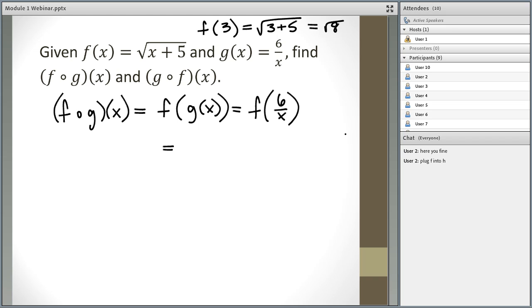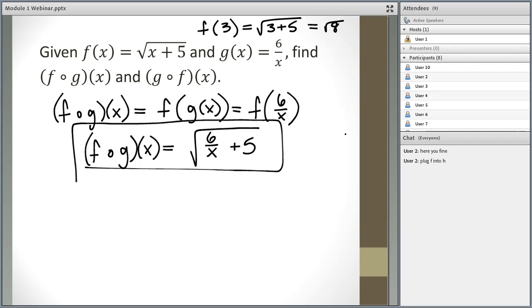So I have the square root of 6 over x plus 5. So I plug g of x into f of x. So in the last examples, we were given the end result. Now we're finding the composition.